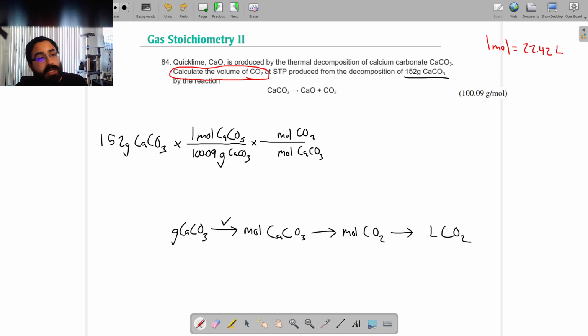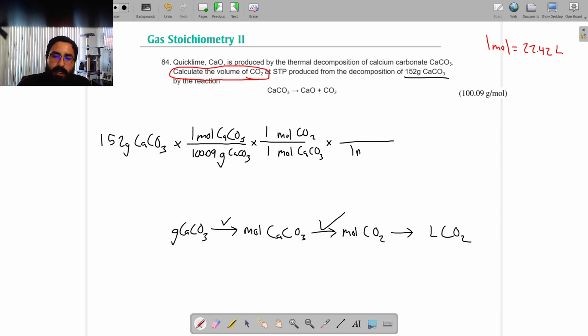Now this equation is balanced. I checked it earlier. You just got to count, right? 1 calcium, 1 calcium, 1 carbon, 1 carbon, 3 oxygens, 3 oxygens. So it's a 1-to-1 ratio. Makes our life easy-ish.